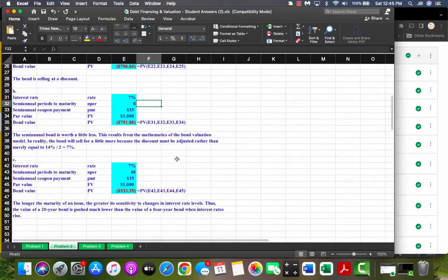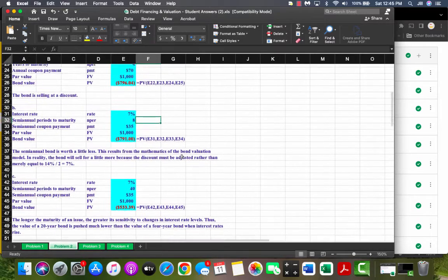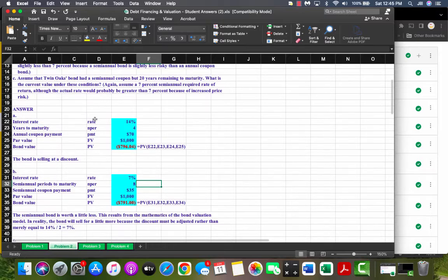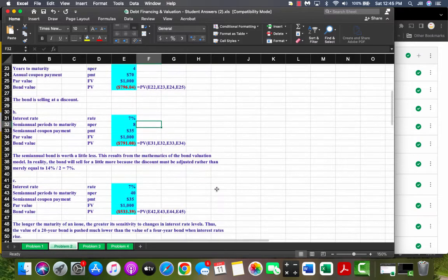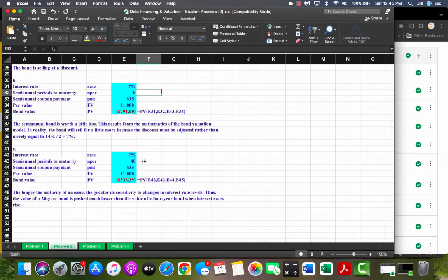As we get down to question C, there was also a question on that, so let's go back up to what the question says itself. Assume semi-annual coupon, so again, remember that's twice a year, but 20 years remaining to maturity. So then we go down to our answer here, interest rate 7%, semi-annual on a 20-year bond would be 40 coupon payments. So 40 payments at, again, that $35 value, $1,000 par value.